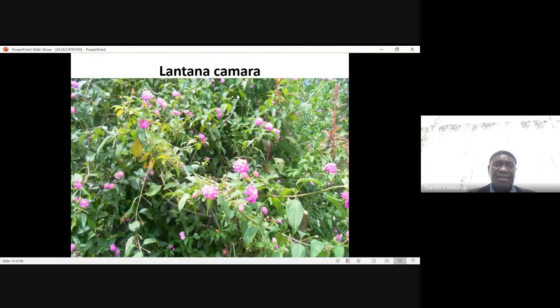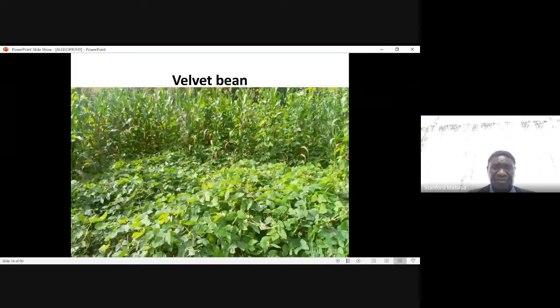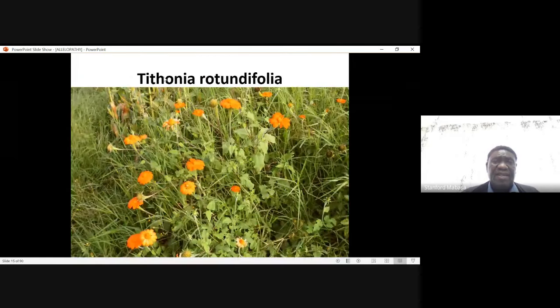Lantana camara, which is a weed in Zimbabwe, which came as an ornamental plant, is also allelopathic. Here we've got a velvet bean. Velvet bean can also produce allelochemicals. Tithonia rotundifolia, with these flowers, can also produce allelochemicals.